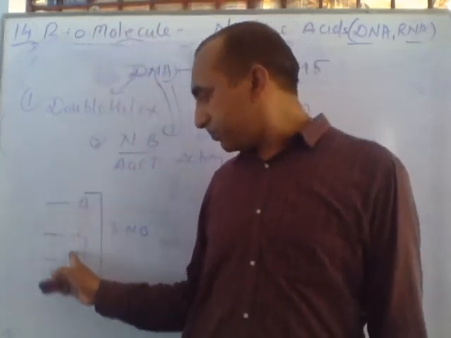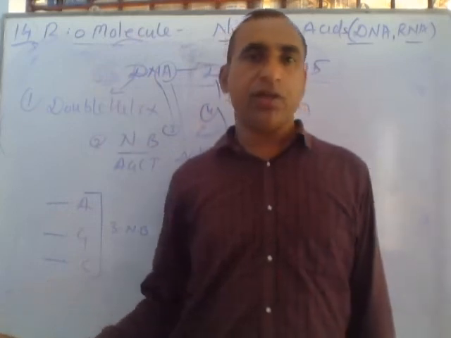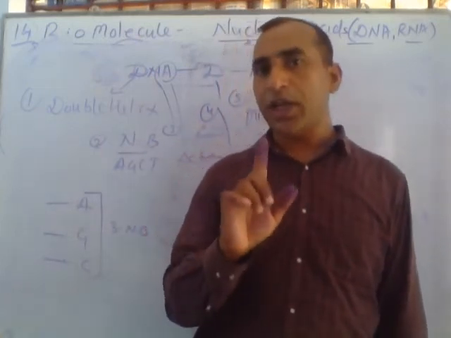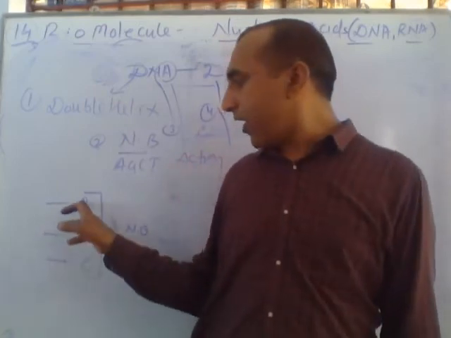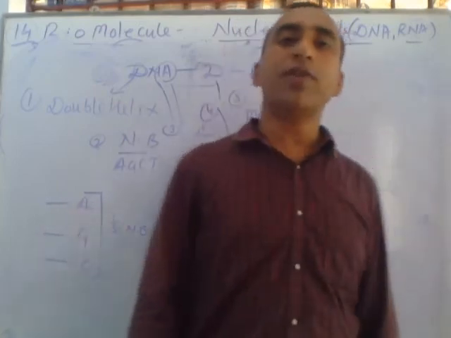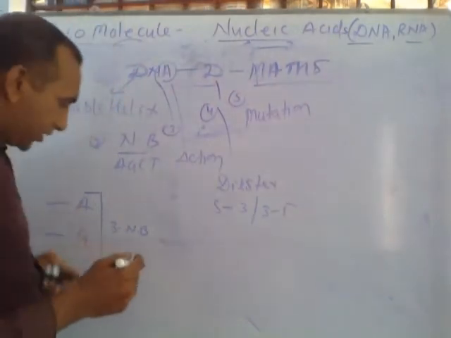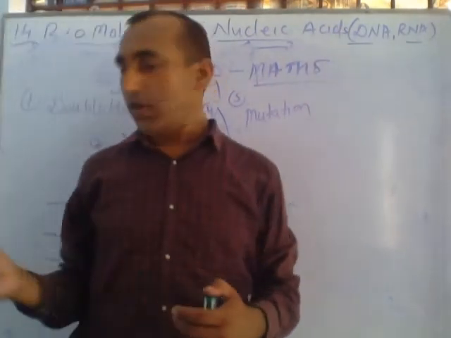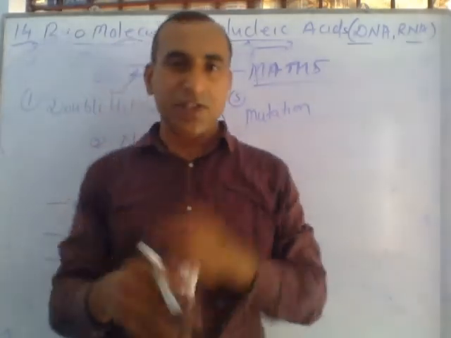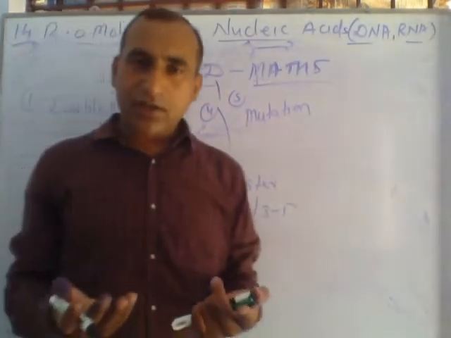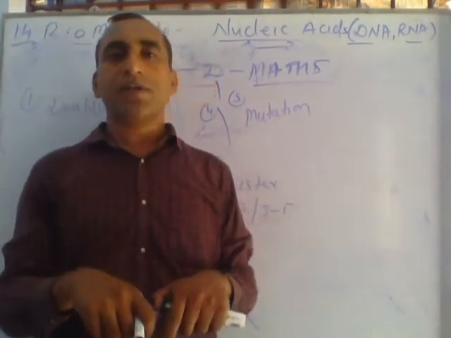So this sequence is also used in DNA fingerprinting. Do you know DNA fingerprinting? In DNA fingerprinting, we identify this type of sequence. Clear? So, if the sequence of these nitrogen bases is changed, DNA structure changes and new properties come.